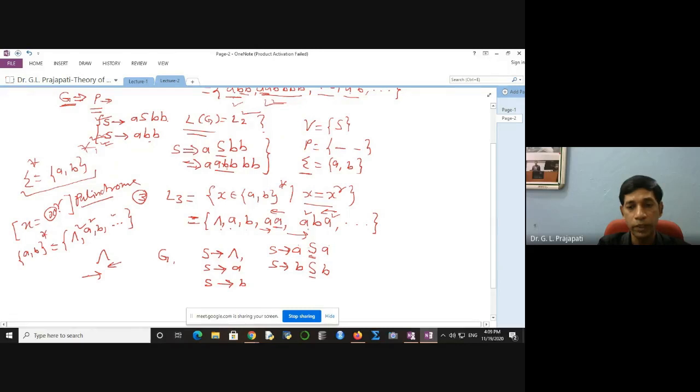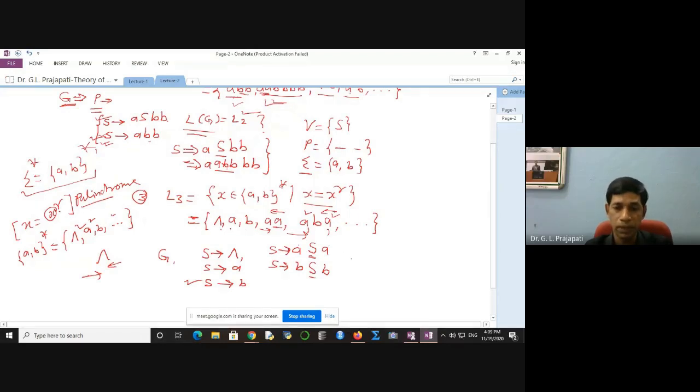If you want to generate ABA, you have to follow these rules. S can generate A S A. Now you are going to obtain AA, and then S can be replaced with these rules. So these are the rules for the grammar that generates the language of palindromes.